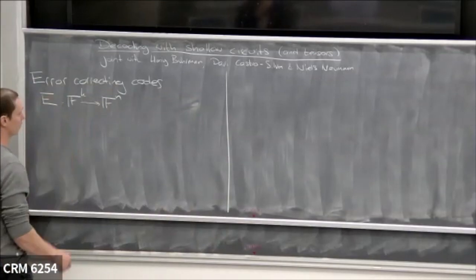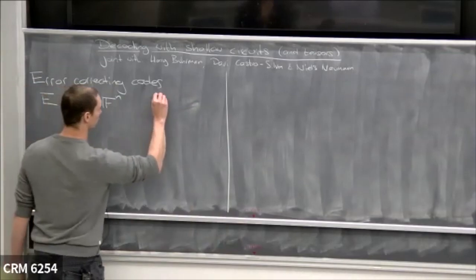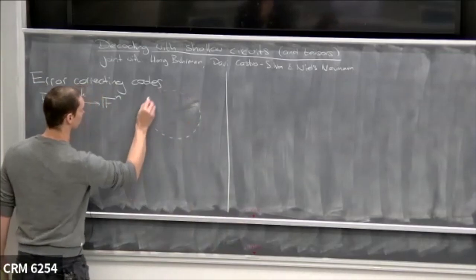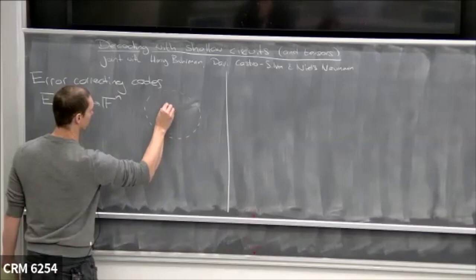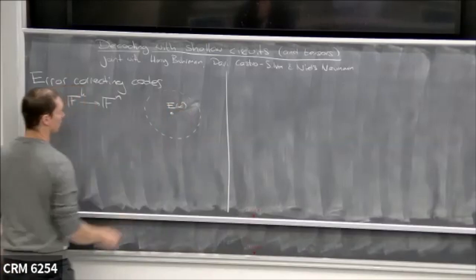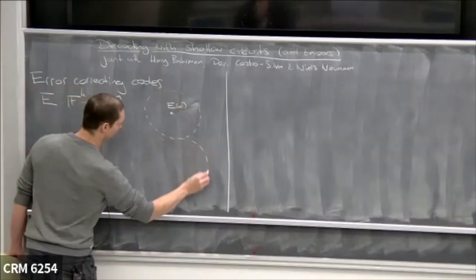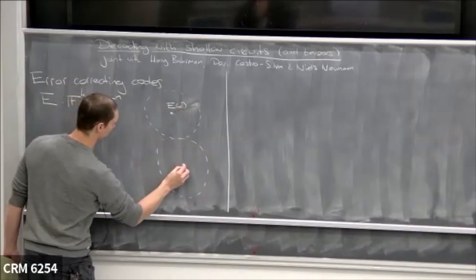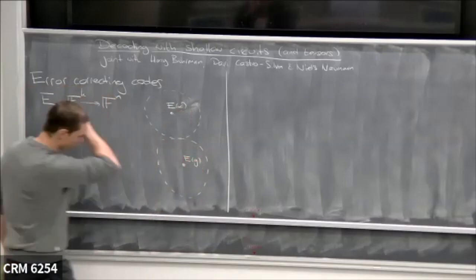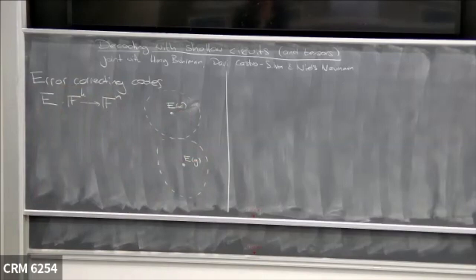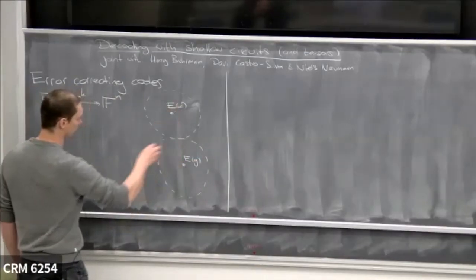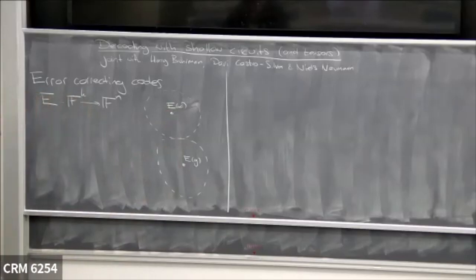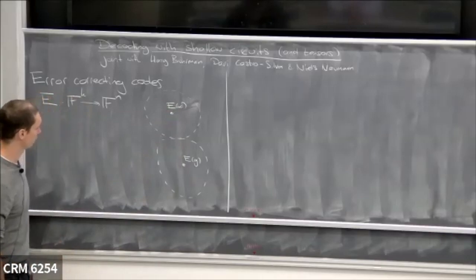The basic property of error correcting codes is that the images, say this is a point E of x, are well separated in Hamming distance. Here there are two points in the image of this map, and you want any two points in this image to differ in many coordinates. The basic purpose is to protect information from corruption.